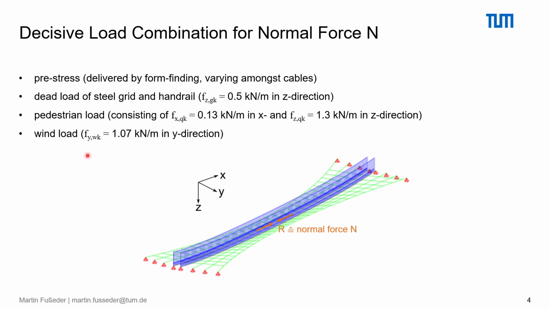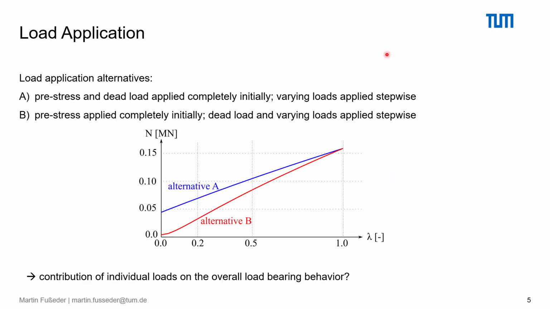We have load in the three spatial directions. There are several ways to apply the load. In this contribution, we discuss two alternatives. In alternative A, pre-stress and dead load are applied completely initially, whereas the varying loads are applied stepwise. In contrast to that, in option B, only pre-stress is applied initially, and dead load and the varying loads are applied stepwise.